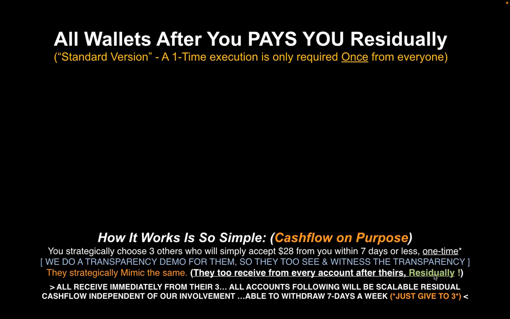It's residually, Dominique, meaning you can count on this money as it scales to come in next month, the month after that, and the month after that. Again, the solution here is ongoing residual scalable cash flow without any gambling of your money or anyone's money.